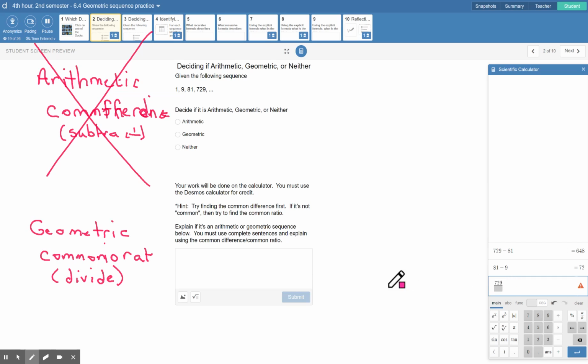So once again, this is the work that we need to see. All right, I get 9. How about if I do 81 divided by 9? I get 9. 9 divided by 1, I get 9. That's a common ratio. It's common because it's the same. And it's dividing, which is the ratio.